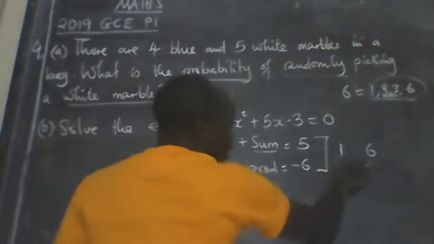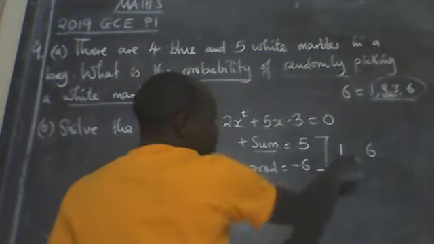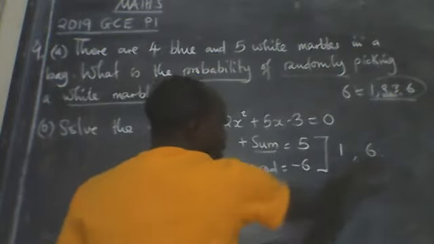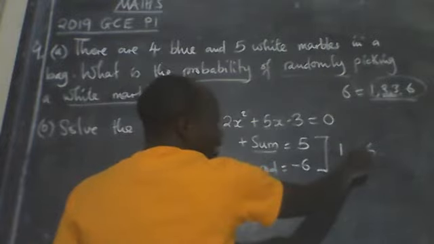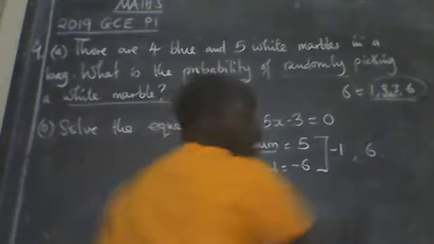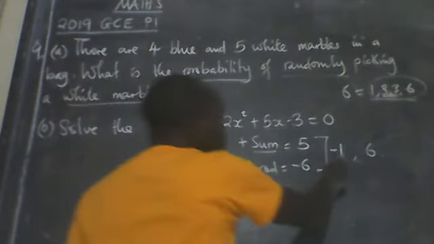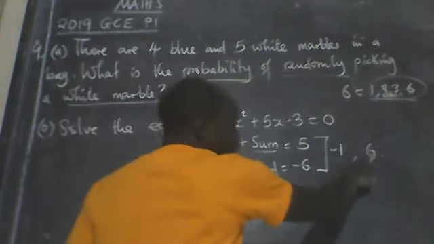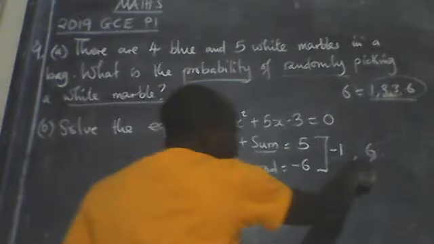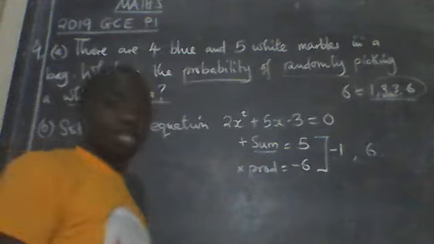In this form, 1 must be negative in order for me to get a negative here. This is positive, meaning the bigger number here must be positive. So that is negative 1 and 6. Now you can test. Negative 1 plus 6, you get this. Negative 1 times 6, you get that. So those are the two numbers.